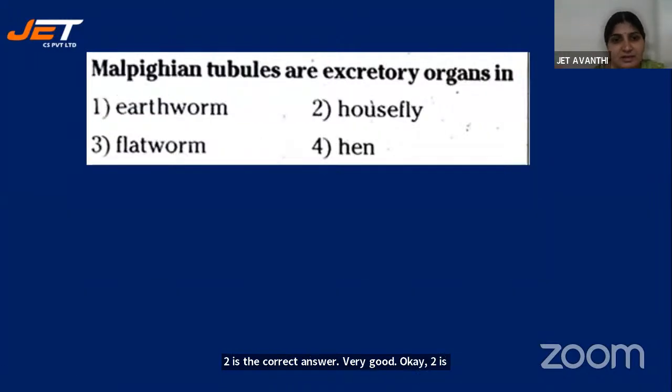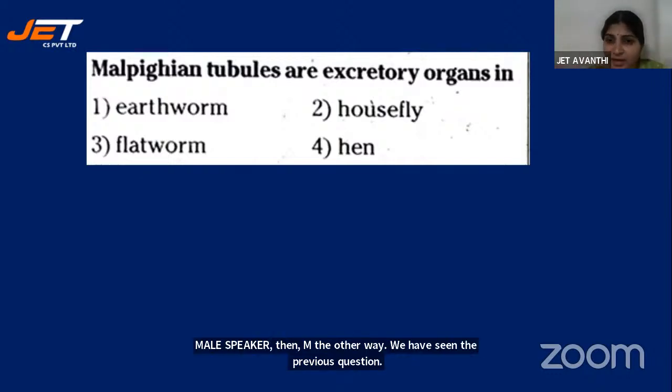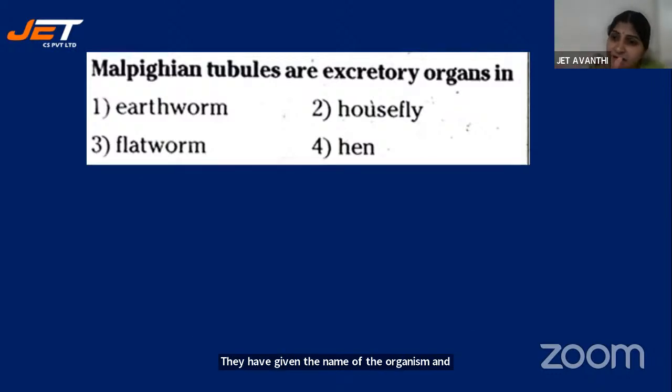Then Malpighian tubules are the excretory organs in. See, in the previous question they gave the name of the organism and you had to find the excretory organ. Here they have given the excretory organ and you have to choose the organism where it acts as the excretory organ. Earthworm, housefly, flatworm, hen. Earthworm is an annelid. Housefly is an arthropod, an insect.